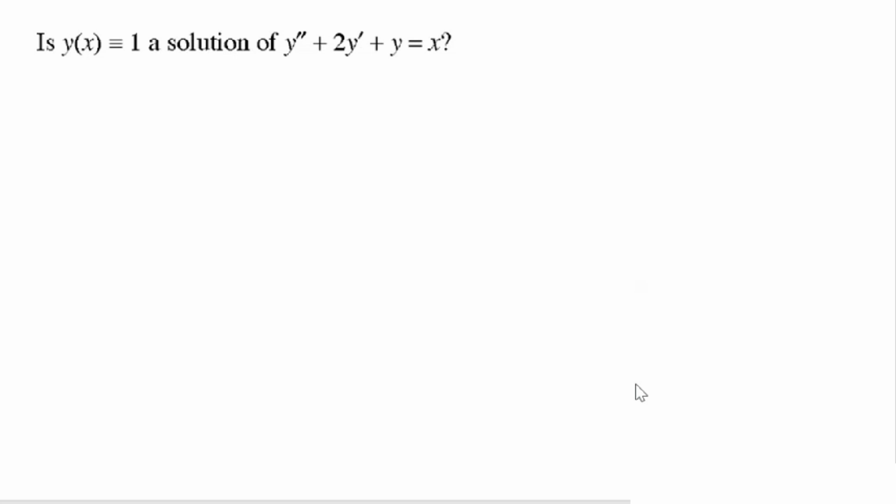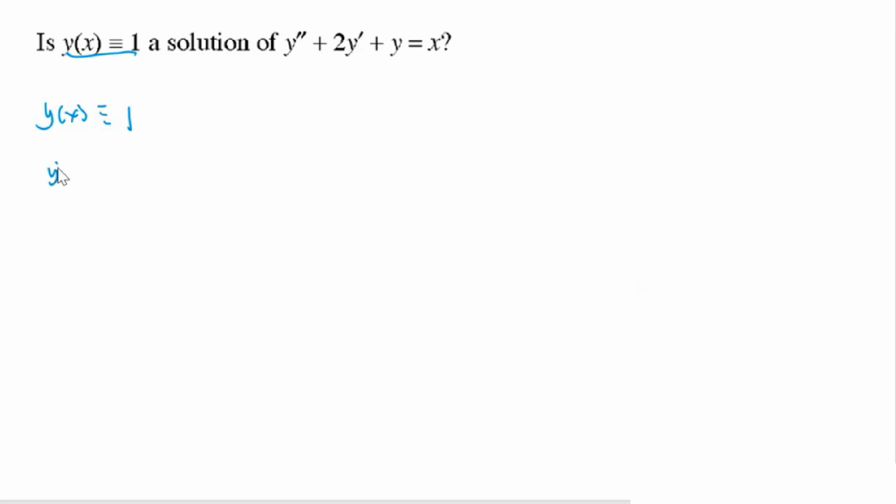First of all, we are going to take the derivative of the given function y of x equals 1. Since I have a double prime and a prime, I will take the first derivative and the second derivative.